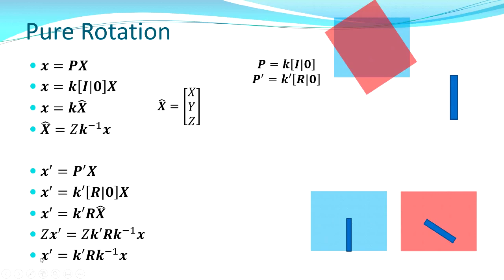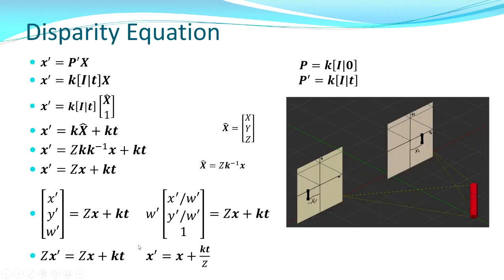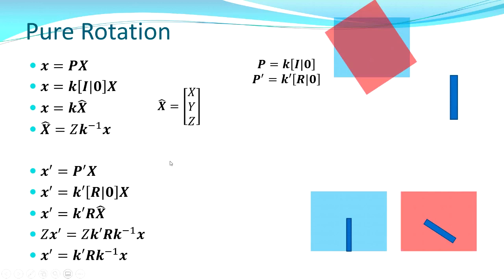One can see over here that there is no capital X. That is, if you see in the previous case, there was this Z, which was one of the elements of this capital X, the 3D world point. But in this equation, there is no 3D world point, no X, Y, Z, nothing. If you see this matrix over here, this is a 3 cross 3 intrinsic matrix.